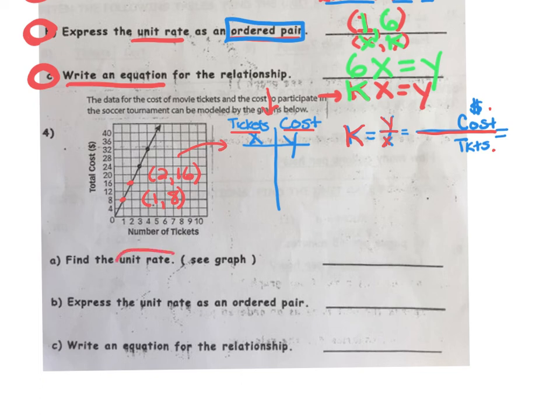Make sure you're coming up with the unit rate, the ordered pair, and the equation. Use the notes from above if you get lost. Pause your video right now, take down these notes, and when you're ready, complete the problem. Please pause your video now.